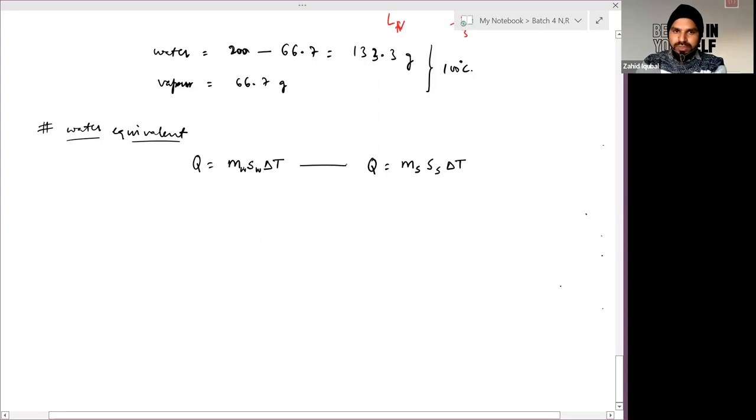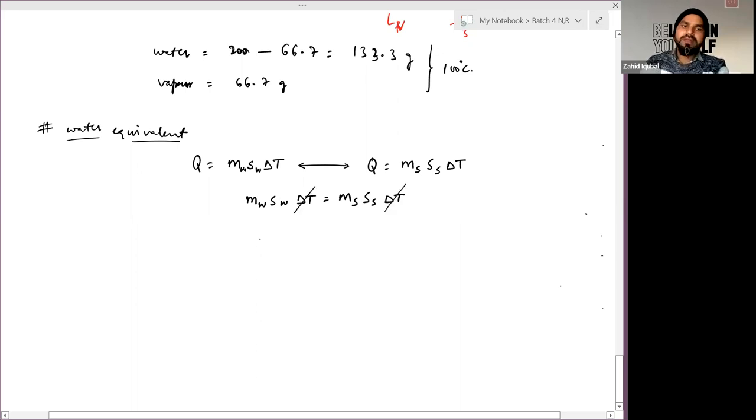If these two quantities are equivalent to one another, we can write mass of water, specific heat constant for water, times change in temperature equals mass of substance, specific capacity of substance, times change in temperature. So the change in temperature will cancel out.